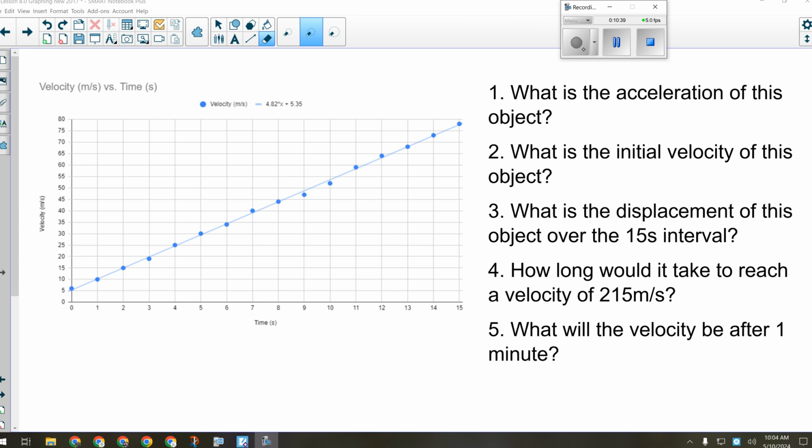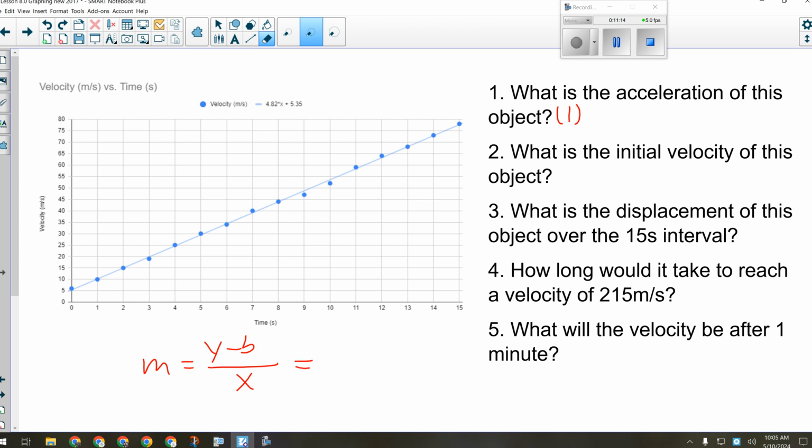Well, here's something to look at, because this first question would be at a 1 mark. The reason it's at a 1 mark is because, according to our definition of acceleration, it is the rate at which you change your velocity. On any graph, and velocity is on the y, and time is on the x, agreed? On any graph, the slope is the rate at which y changes as a function of x.